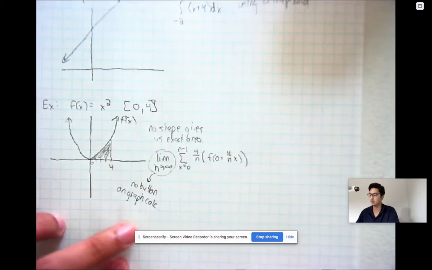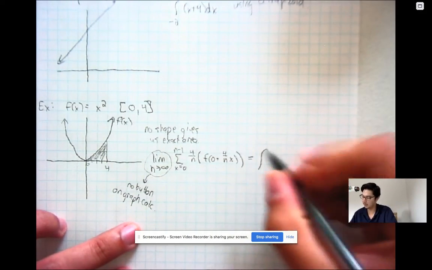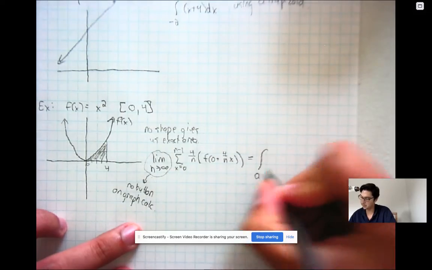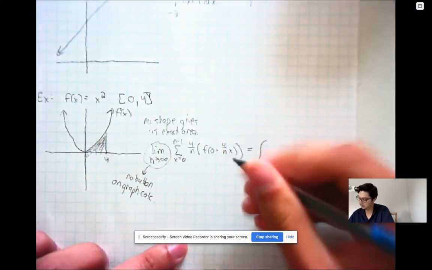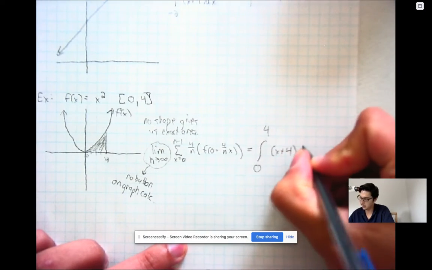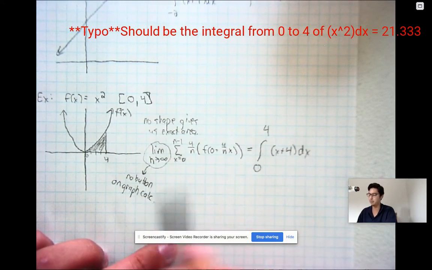So we don't actually use this definition, we use the integral. The integral is programmed to represent this, so don't feel like it's a different button. We're going to use the integral from 0 to 4 of x squared dx. Calculators don't have limits, but they do have the integral.